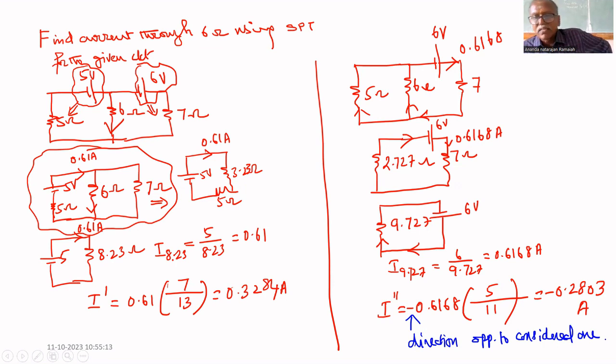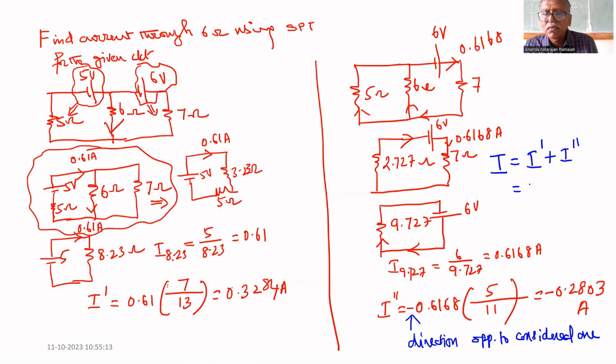That's why the minus sign. Therefore, the required current I equal to I dash plus I double dash.